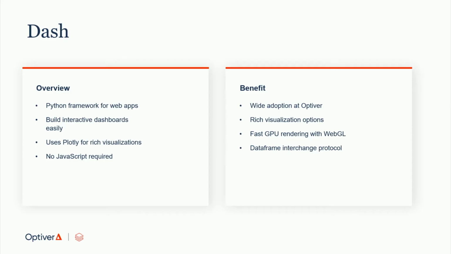When I tried it, it's 10 to 100 times faster compared to rendering without GPU. It also supports the data frame interchange protocol, where we can plug and play with various data frame libraries behind the scenes. I'm going to talk more about this point later on.